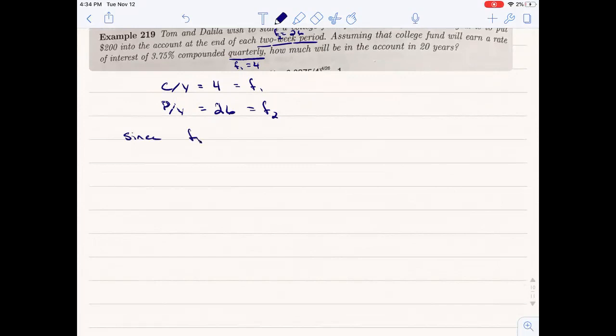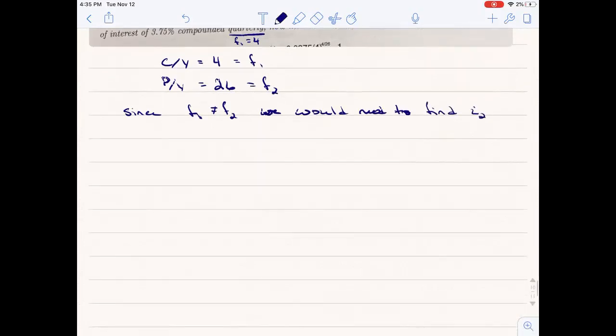Since F1 does not equal F2, we would need to find I2.